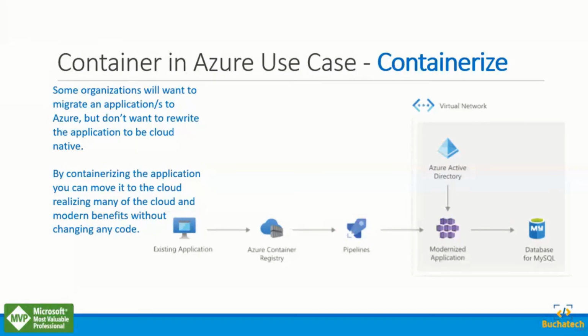And they may want to containerize those applications as they move to the cloud. And there are different approaches that you can take to containerizing those applications, right? And this is a very simplified, basic process and architecture for containerizing an application and moving it to the cloud.